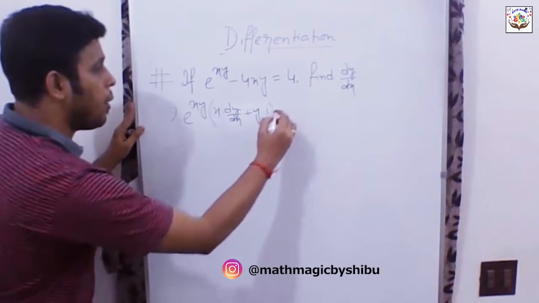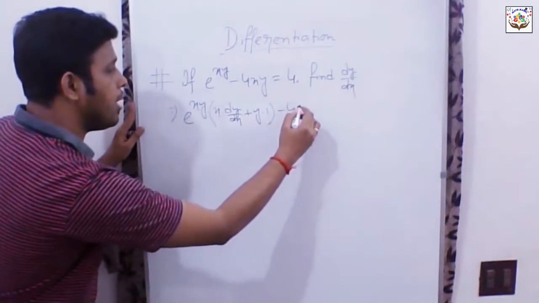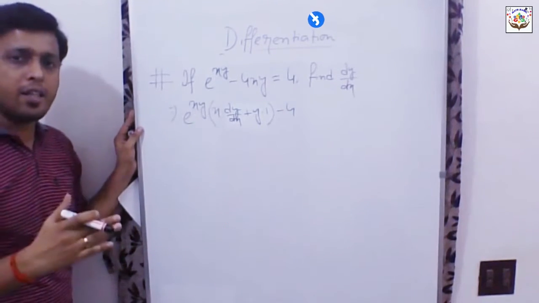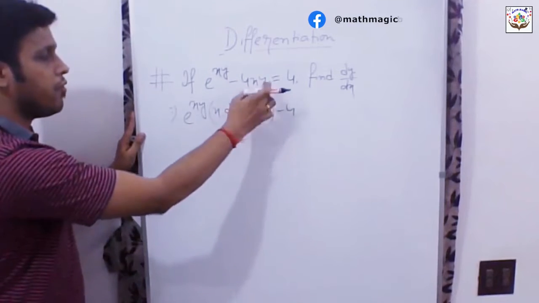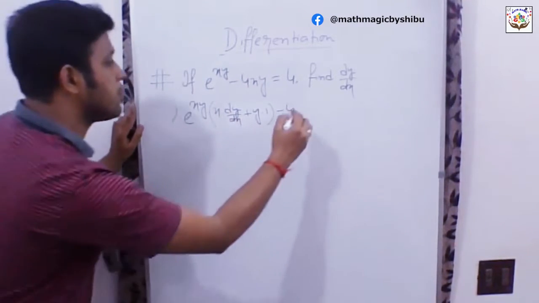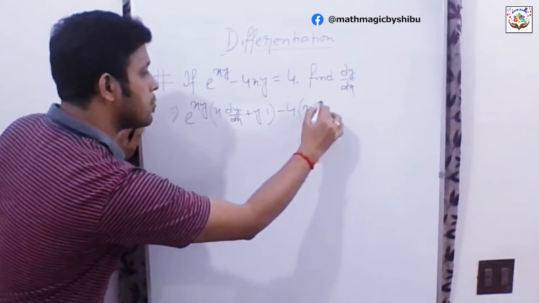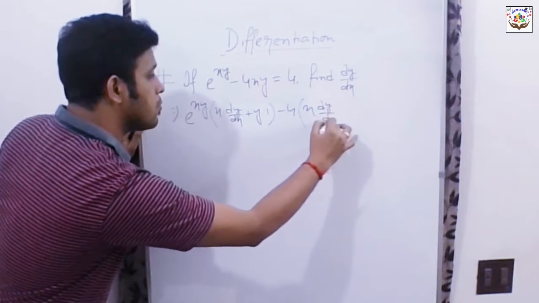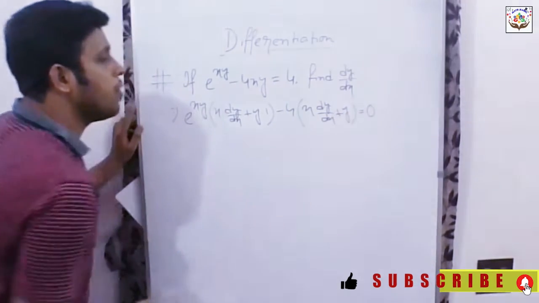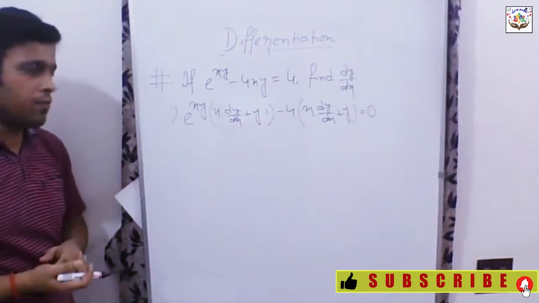Okay, minus 4 into, as 4 is a constant, it can be taken outside of the d/dx part. So d/dx of xy will be again x dy/dx plus y. And you know derivative of 4 will be 0 as 4 is a constant term.